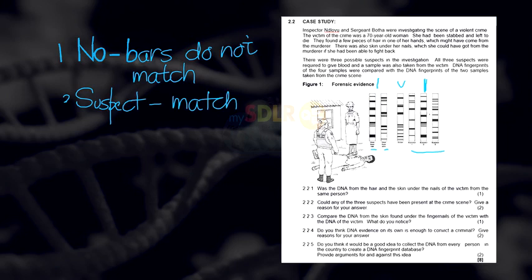Question 3 says, compare the DNA from the skin found under the fingernails of the victim with the DNA of the victim. What do you notice? I'm sure you would agree that the bars don't correspond or match, so in answering this question, we would say, compare the DNA of the skin found under the fingernails of the victim with the DNA of the victim.